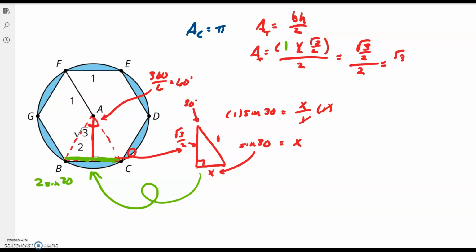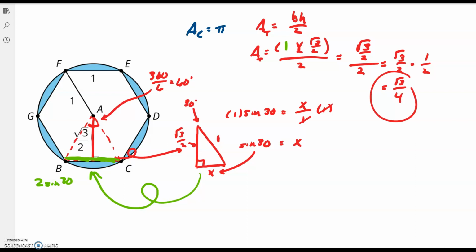We change to multiplication and flip the 2, so it becomes 1/2. Remember, multiply by the reciprocal. When we multiply fractions, we multiply straight across. So square root of 3 times 1 is square root of 3, and 2 times 2 is 4. So the area of my triangle here is square root of 3 over 4.